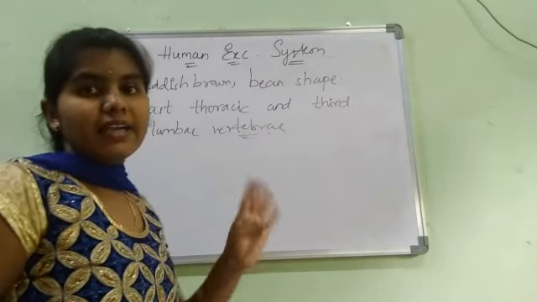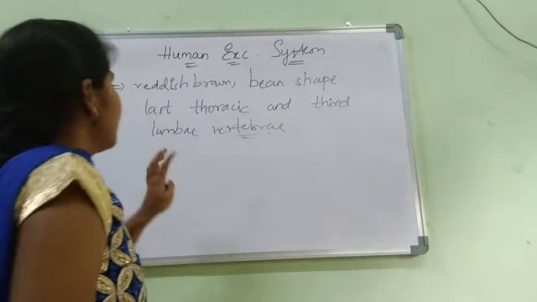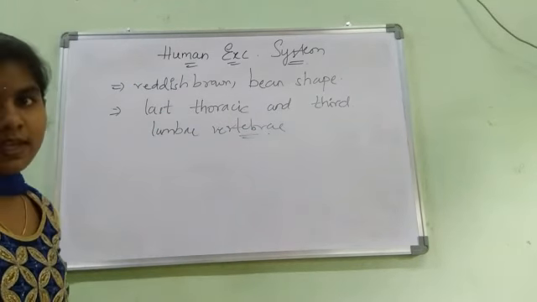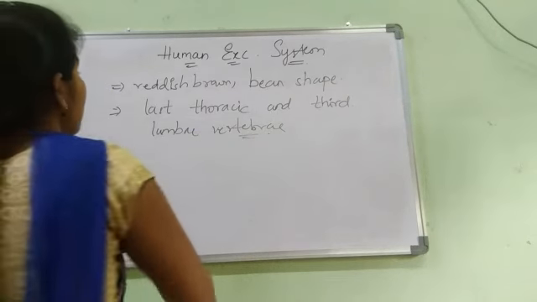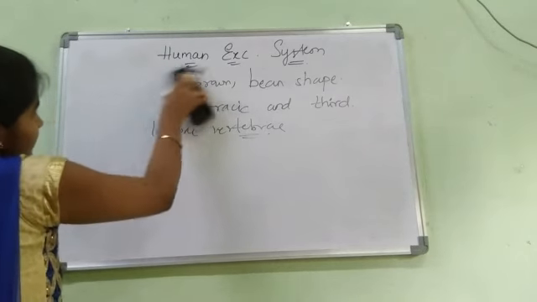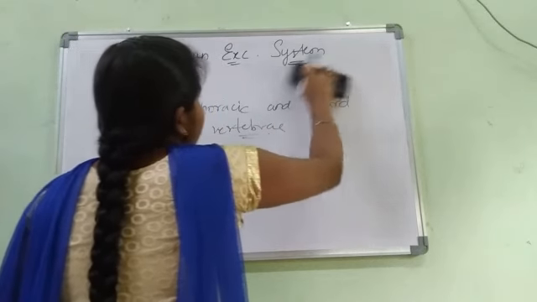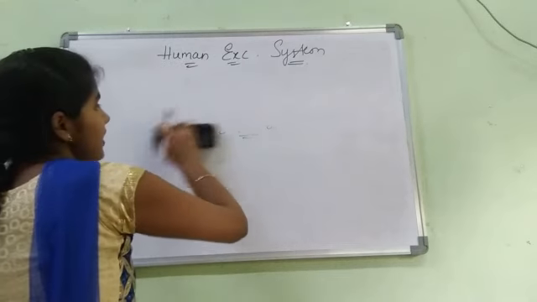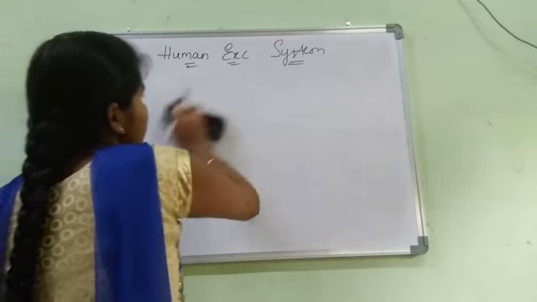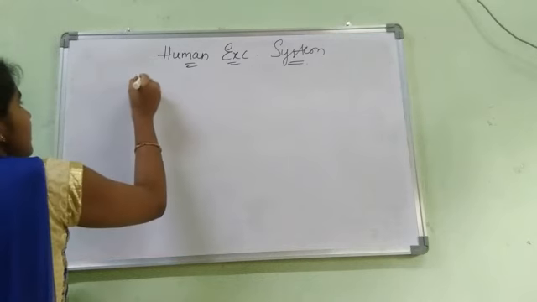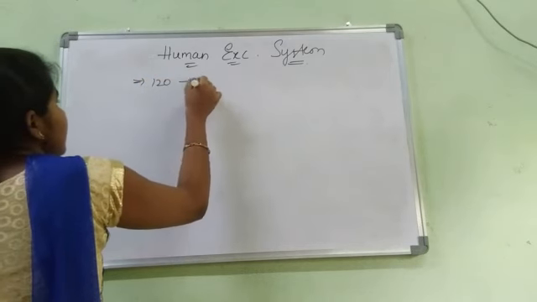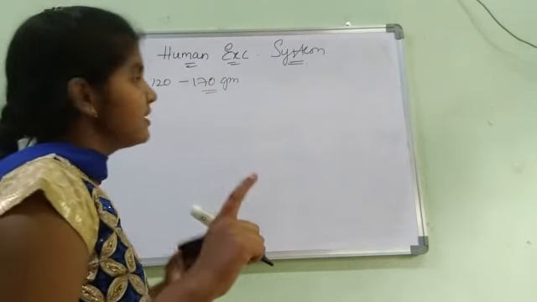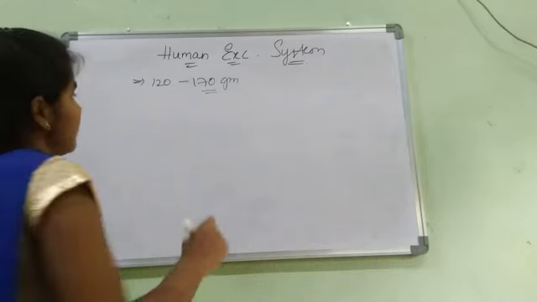That is the location of the kidney. Now this kidney is situated in the retroperitoneal position. I already said the right kidney is slightly lower than that of the left kidney. The average weight of each kidney is 120 to 170 grams.